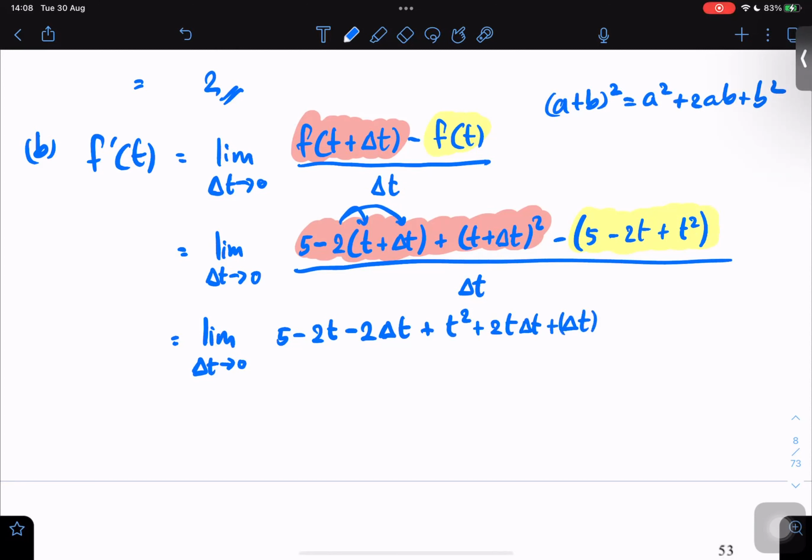You can write it like this, and then minus 5 plus 2t minus t squared. I distribute the minus into each term.